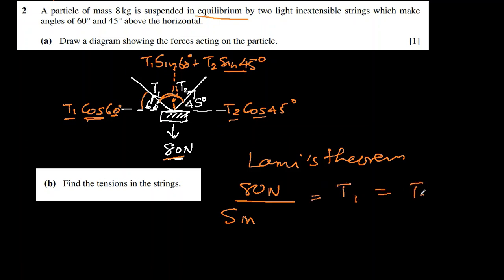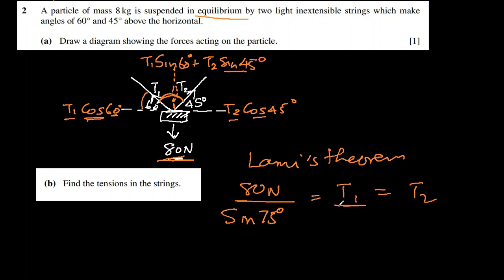So this is 60 degrees, this is 45 degrees, and we know the total angle will be 180 degrees. So if I remove 60 and 45 degrees, 105 degrees, from 180, I get 75 degrees left, right? So the angle opposite to 80 newtons is 75 degrees, and 80 is divided by the sine of 75.